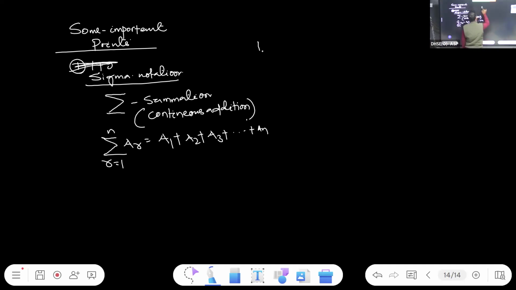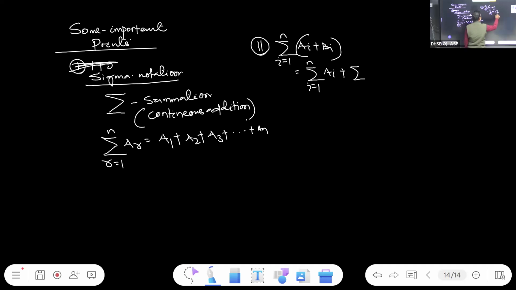Second, sigma i is equal to 1 to n (a_i plus b_i) equals sigma i is equal to 1 to n a_i plus sigma i is equal to 1 to n b_i.